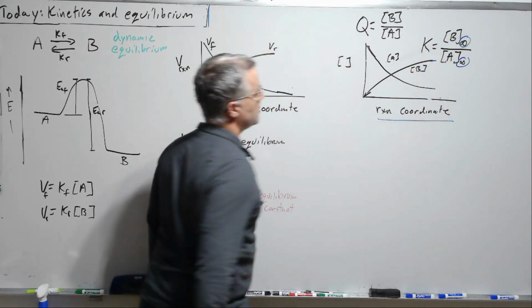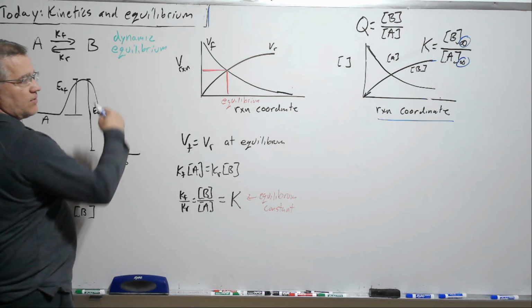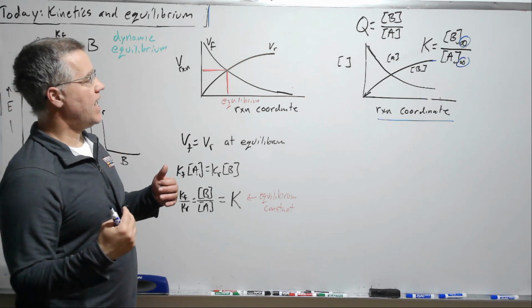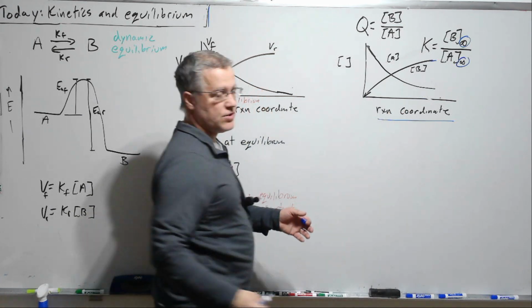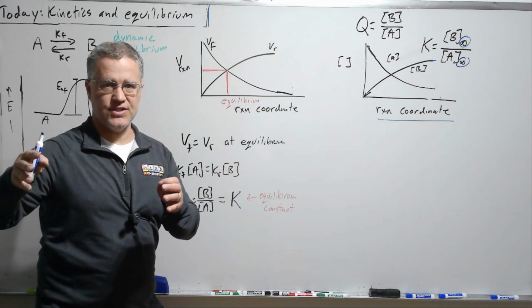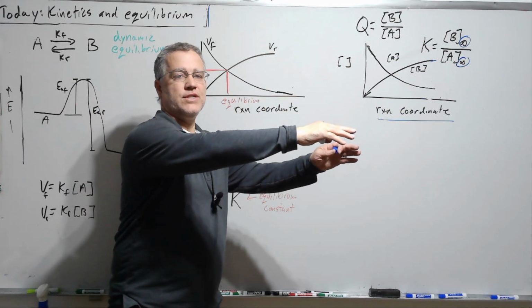Our equilibrium will lie to the product side. Now, if this was shifted, then we would have a reactant-favored reaction. But nonetheless, we would have this same type of behavior. We would start with reactants, no products, and so our reaction would be going this way.